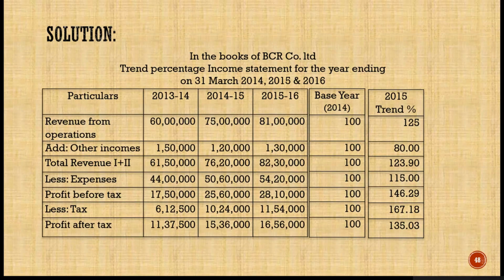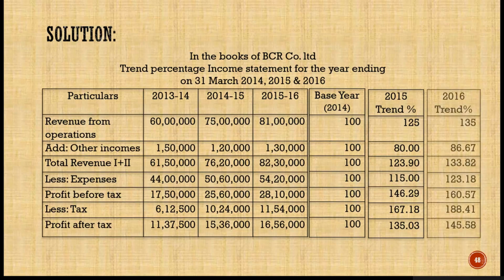Next, we will see for 2016, same formula, base year again 2014, and by applying the formula, we will get these figures. The same case is happening in concern with other income. When compared with 2014, again in 2016, the amount is less. It is only 1,30,000 against 1,50,000.